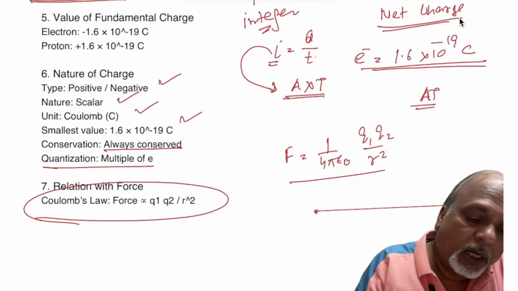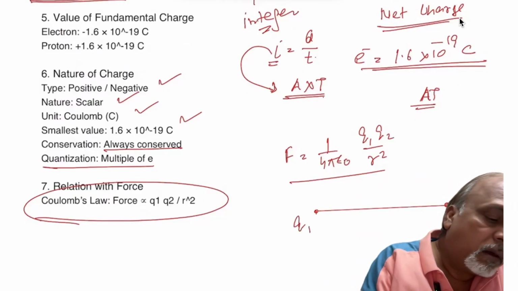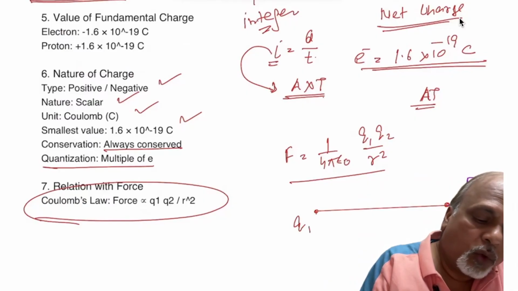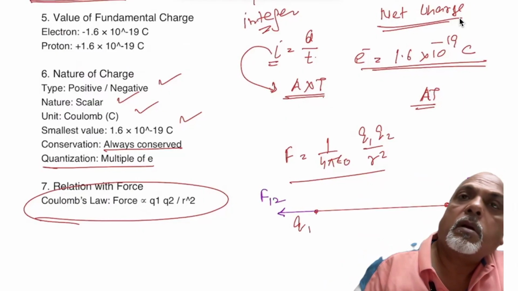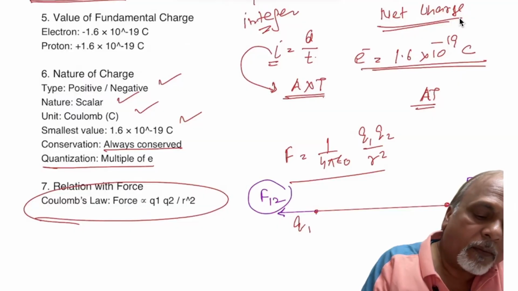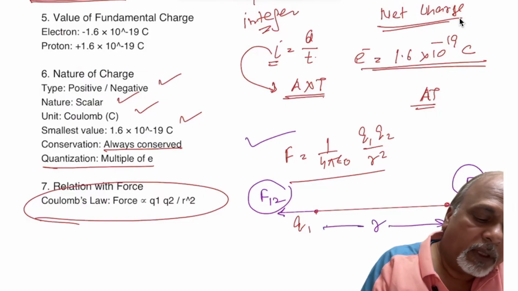Suppose both the charges are positive, then q1 will exert a repulsive force on q2, and q2 will exert a repulsive force on q1. So this F is given by this, and r is the distance between them.